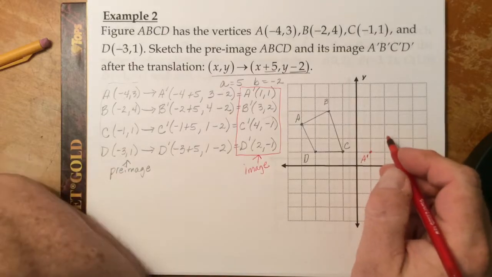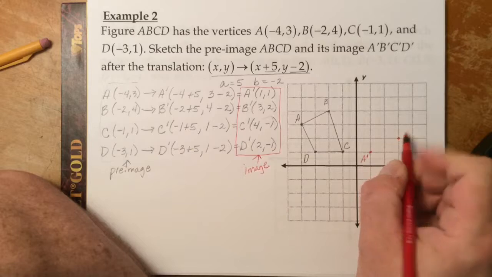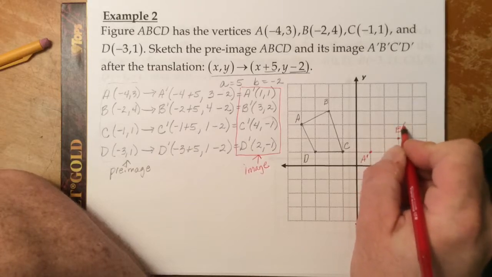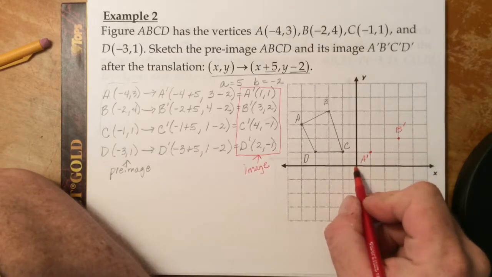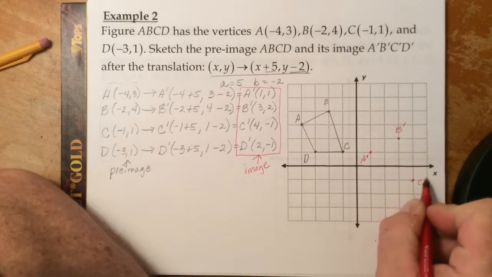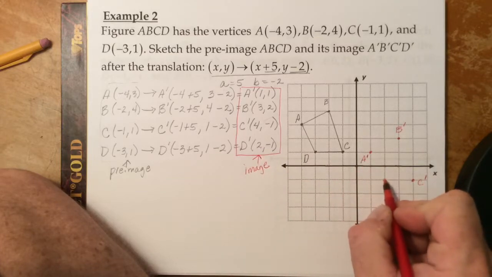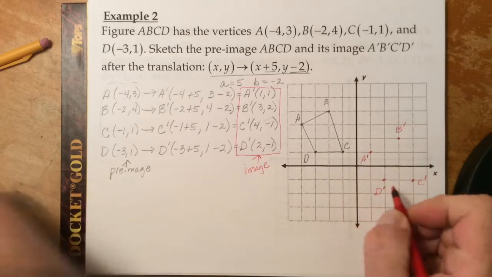Then we go on to B prime. B prime is at (3, 2). Plot that point. There's B prime. C prime at (4, -1). And D prime at (2, -1).